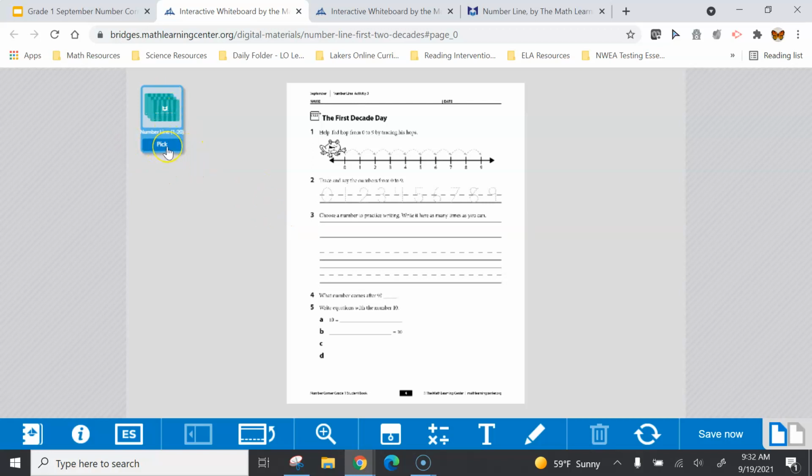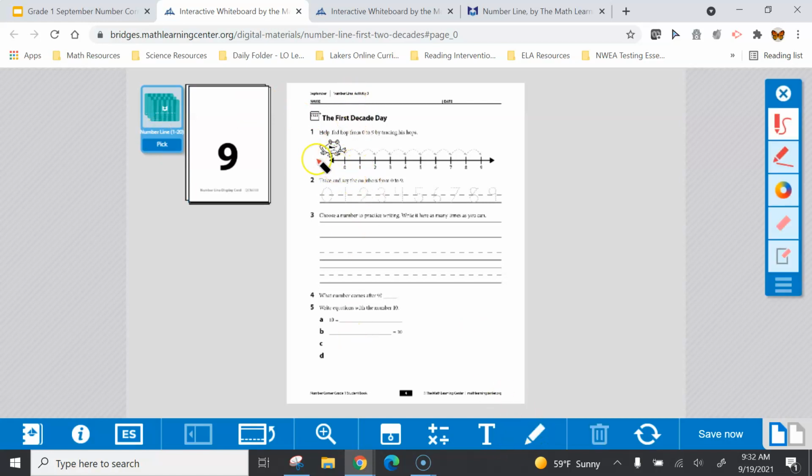I want to do a quick activity with you. I want to actually pick a number on our number line, and I want you to hop using our friend Tad, who is our frog friend here, to help you count from the beginning of our number line all the way to the number 9.